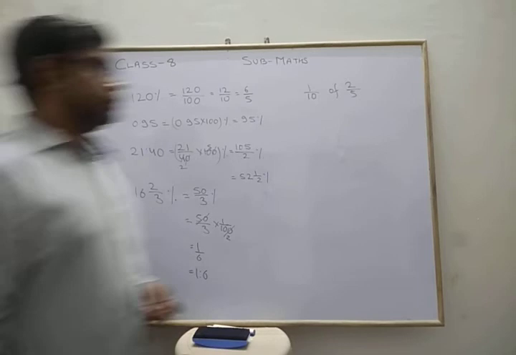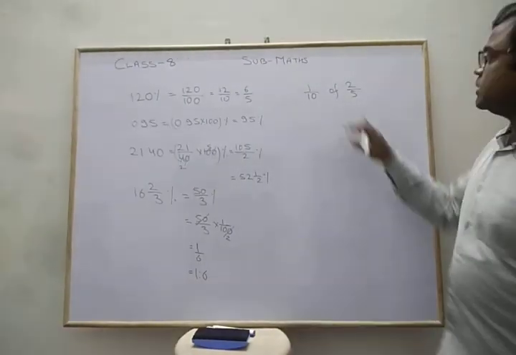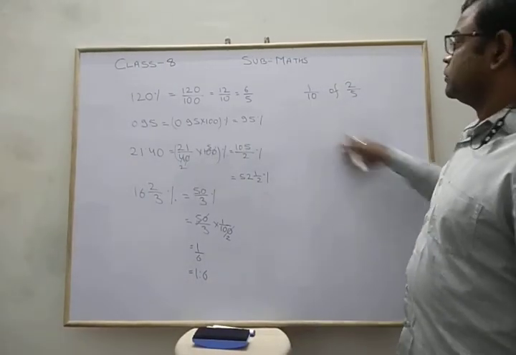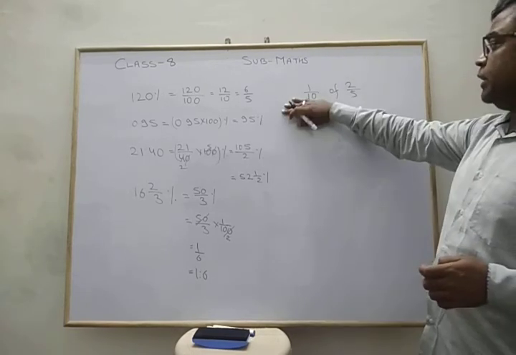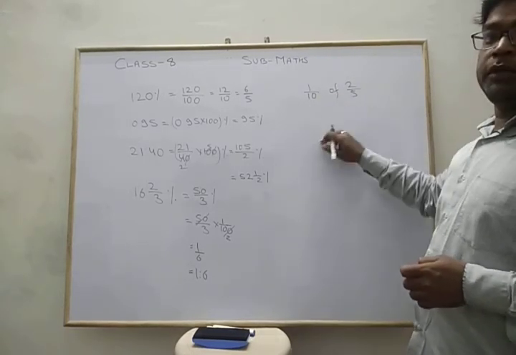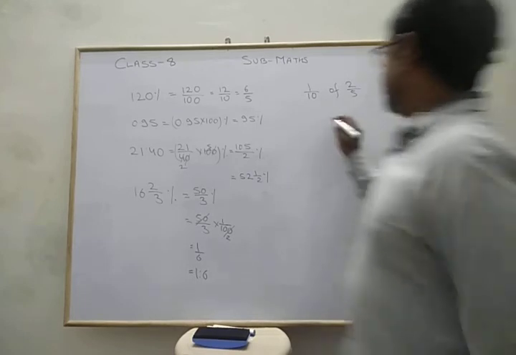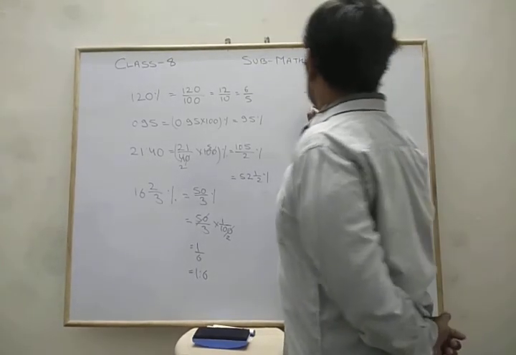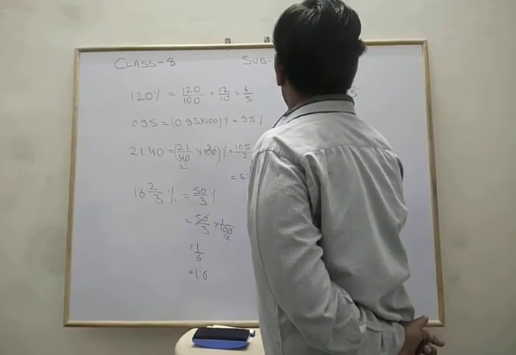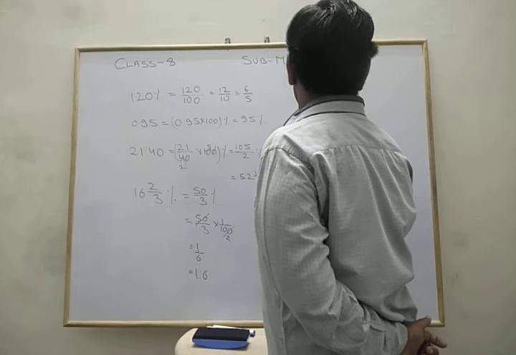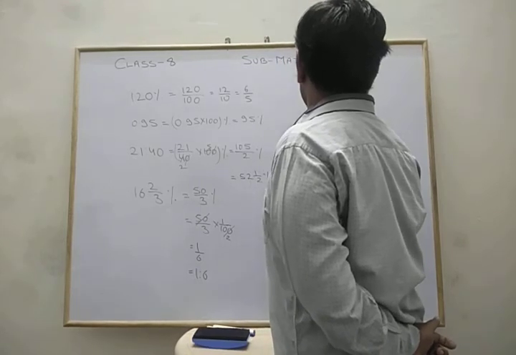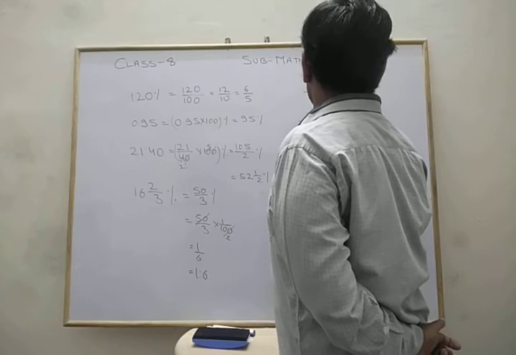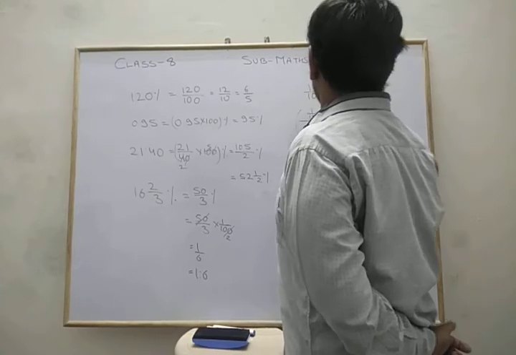I told you that if a quantity is A and B, A upon B into 100%. So I am writing 1 upon 10 by 2 upon 5 into 100%.